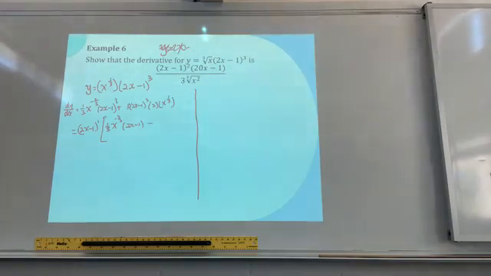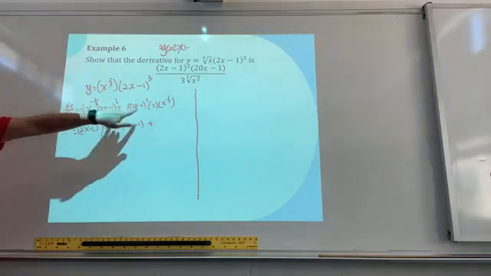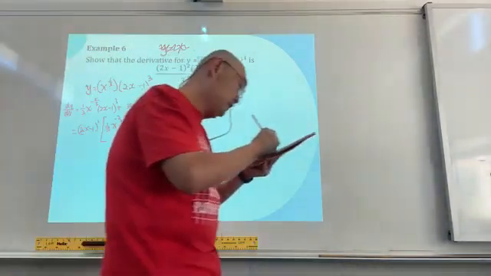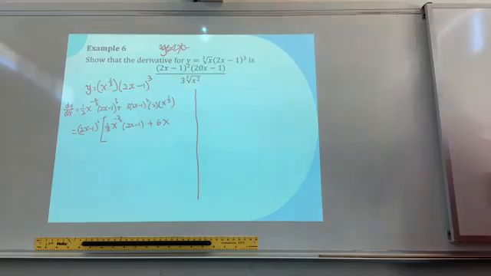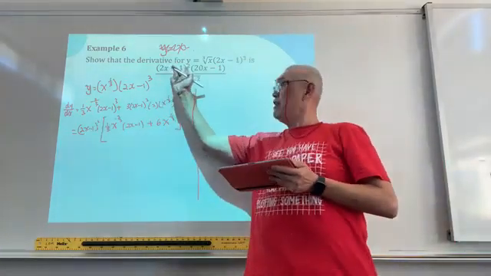Then, plus this term, I've taken the 2x minus 1 out, factorizing it. 3 times 2 is 6. 6 to the power of, have I missed something? 6x to the power of 1/3. Yeah? See that? So now I've established one term there.